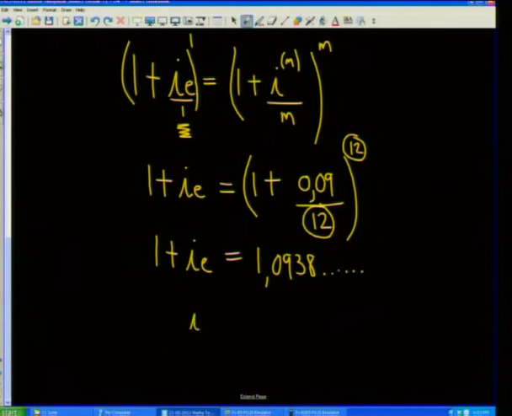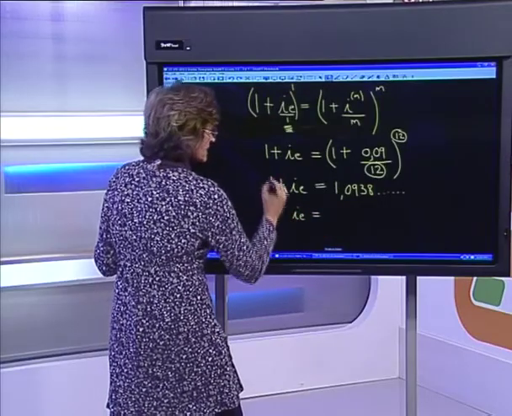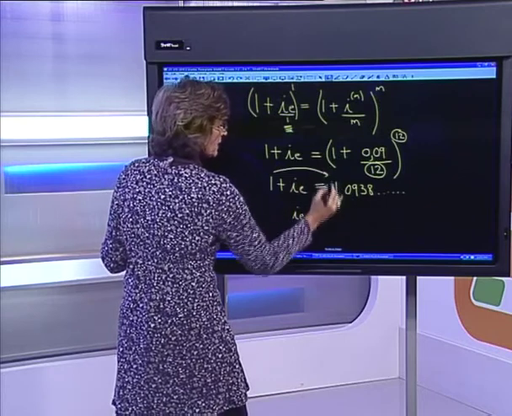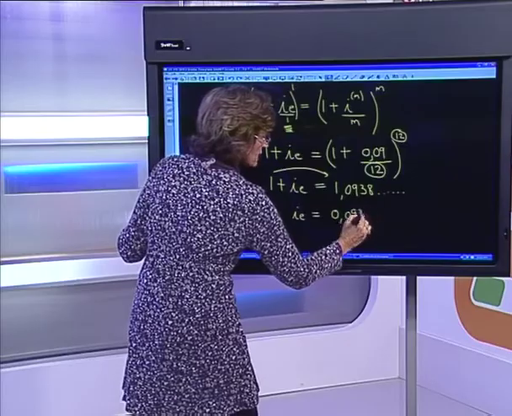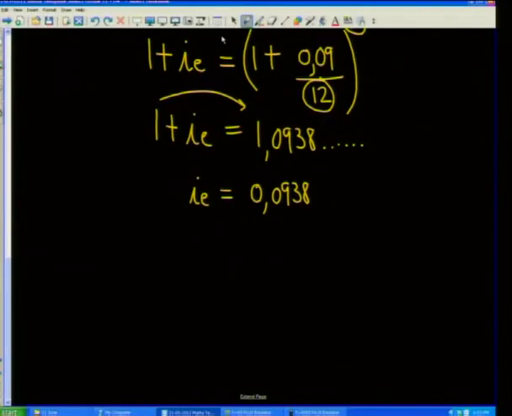So if I'm wanting my effective interest rate, I'm going to subtract my 1, which is going to give me 0.0938. And of course, for my actual rate, I'm going to times this by 100, which moves my decimal place twice.